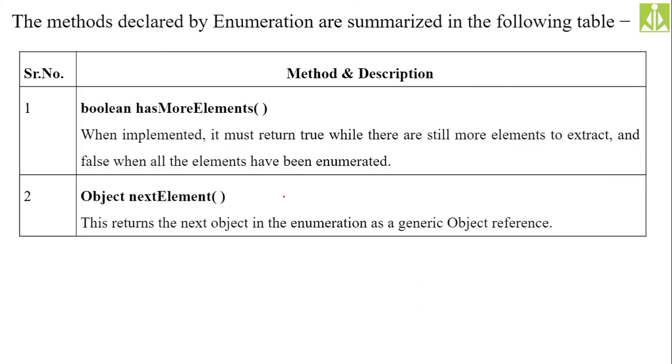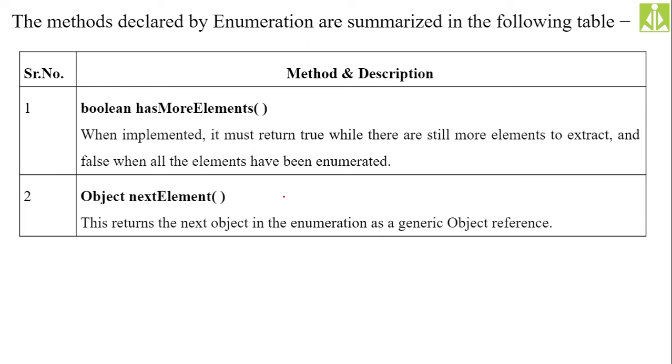If the next element is available, it returns true; if it is not available, it returns false. The nextElement method returns the next element and moves the pointer, or cursor, to the next element.